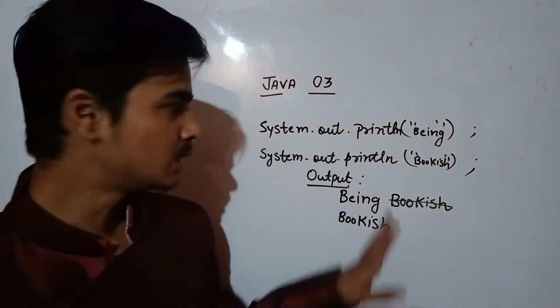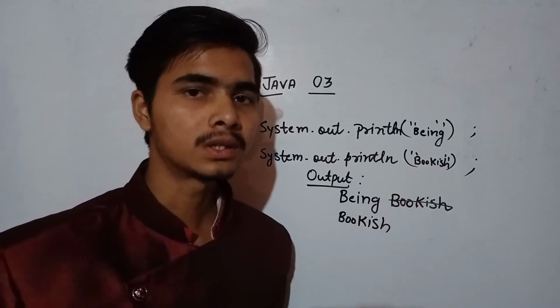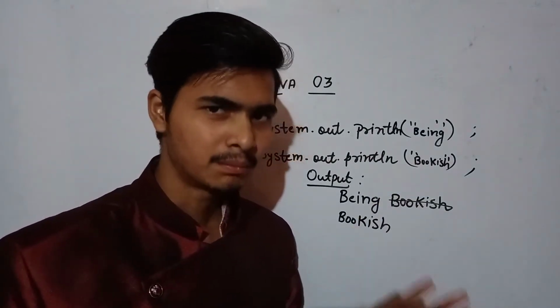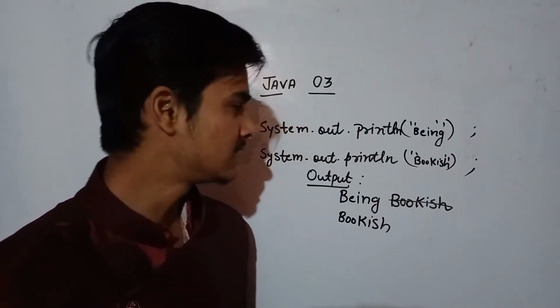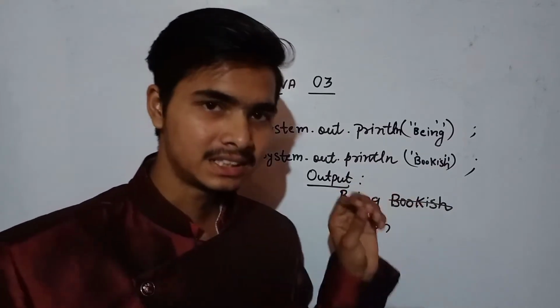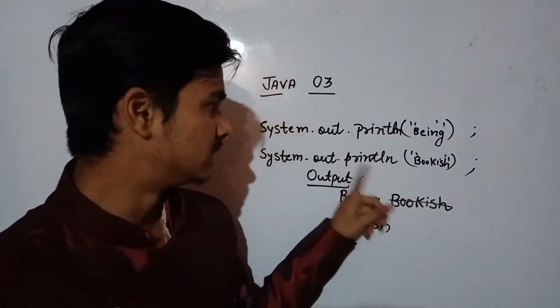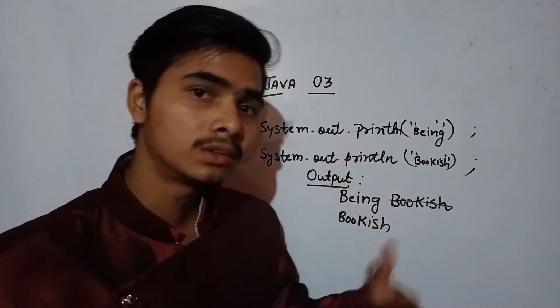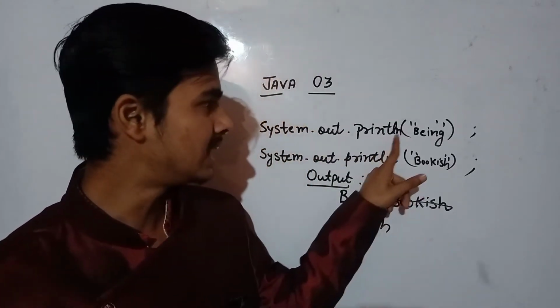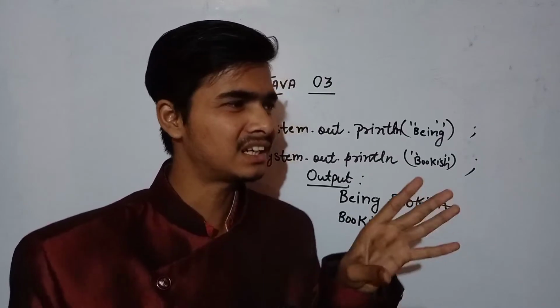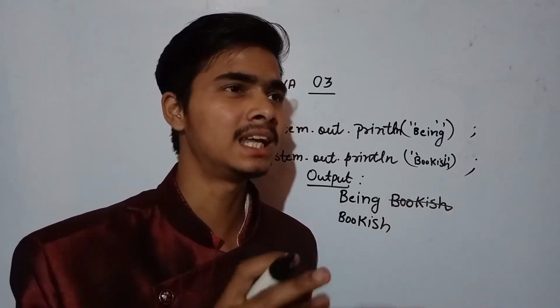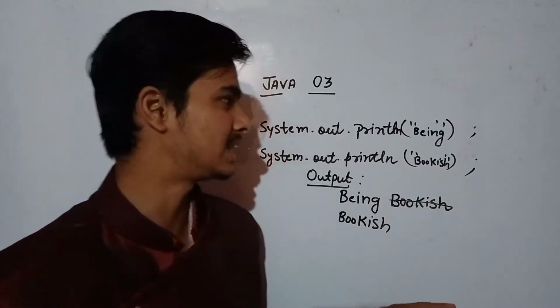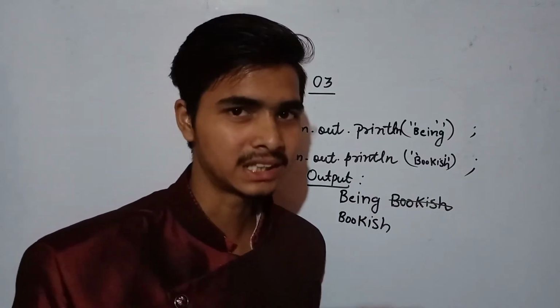So println basically means print line, but you can remember it like this: whenever println is written, the statement after that will be printed on the next line. ln is for new line, nl, something like that.